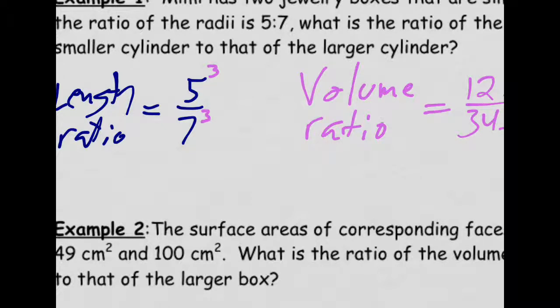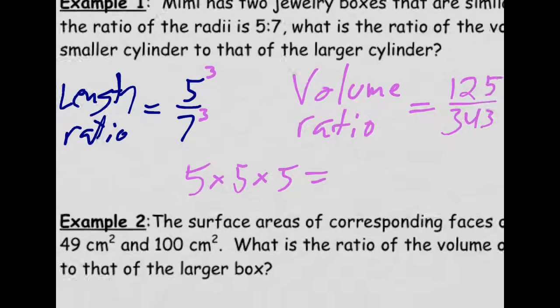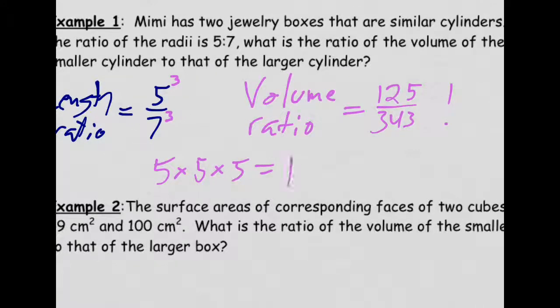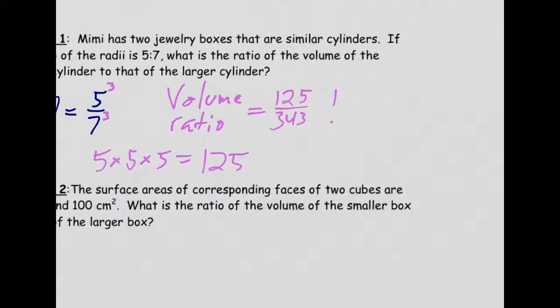I could do that one of two ways. In my calculator, I just enter 5 times 5 times 5, and that gives me 125, which is this right there. Or, also in my calculator, I say 5 caret 3.